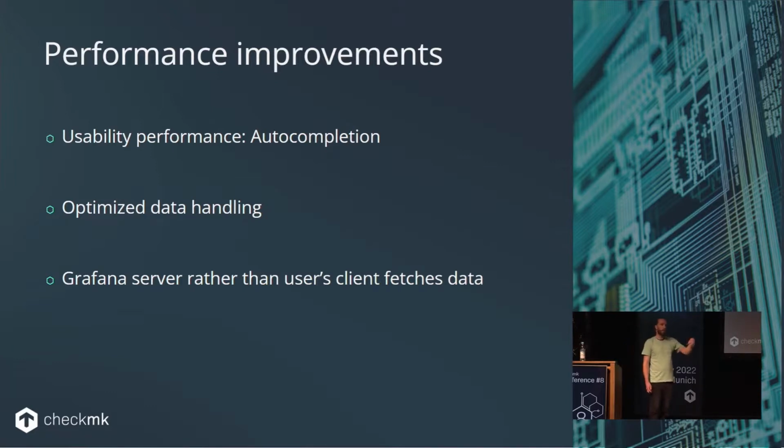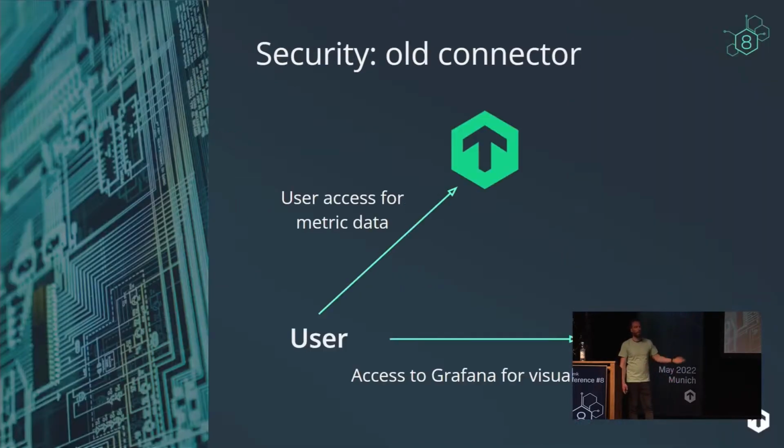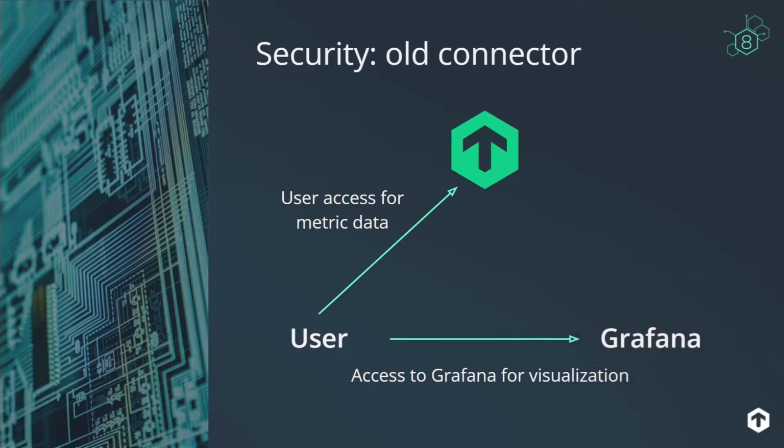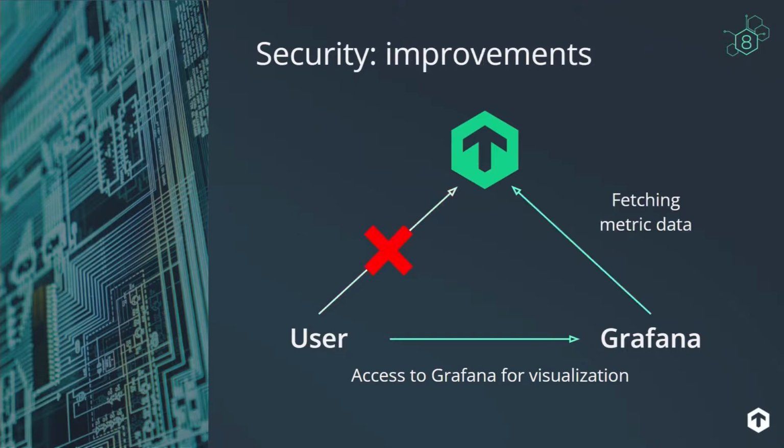And if the Checkmk server is somewhere else, there is a bit of delay. So this is a performance improvement, but it's also a security improvement because, like I said, if you need to access the Checkmk directly, there are some implications of that. First of all, you have to be allowed to access the Checkmk server. And second of all, you have to make these mentioned two connections.